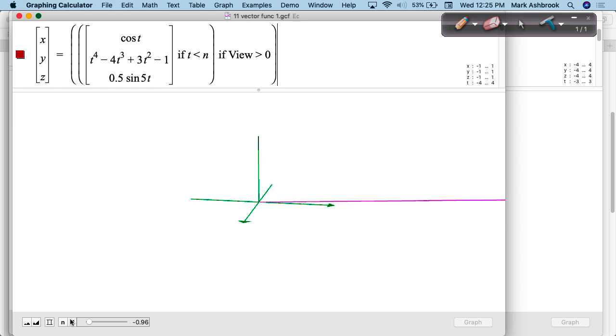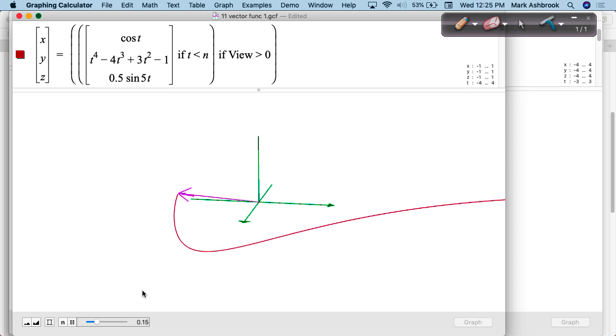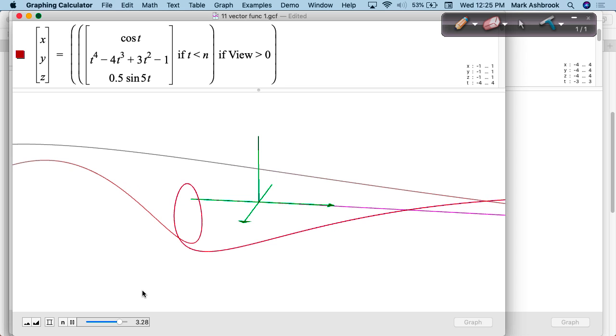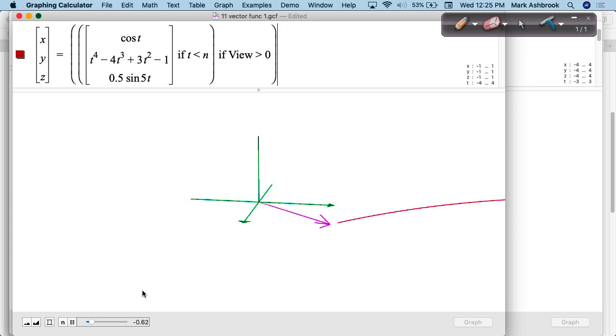And so if you let t increase, you get this set of vectors which sweeps out this curve. So I'm showing t from -1 to about 4, I think. So this is t increasing from -1 to 4, and all the vectors you get sweeping out the curve.